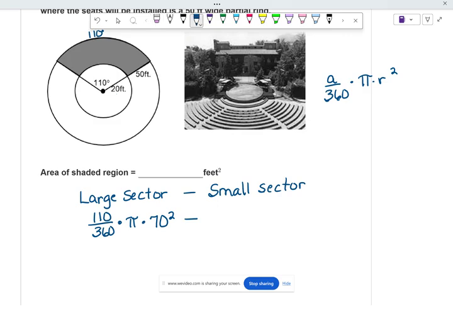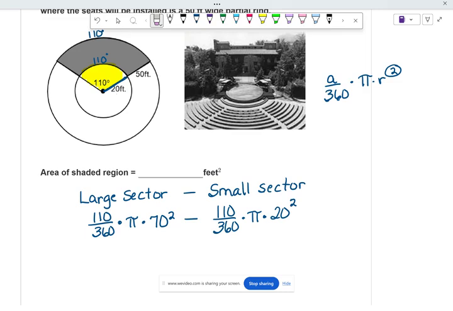Now we have to do the area of the small sector. The small sector would be this little part in here, this little slice of the circle. Its central angle is 110, so its arc would also be 110, divided by 360 times pi times the radius for that little section, that would be 20, and the formula says we have to square it.